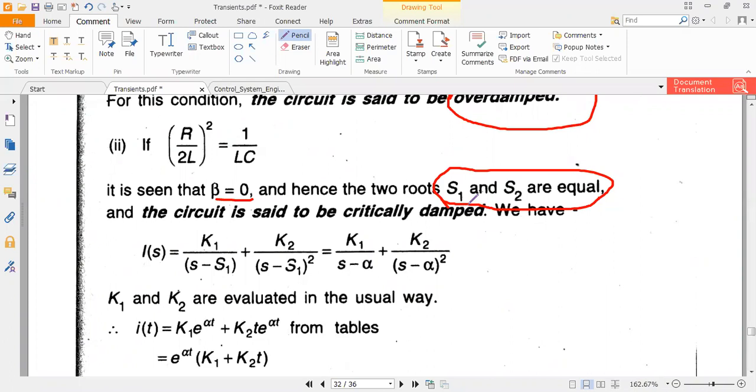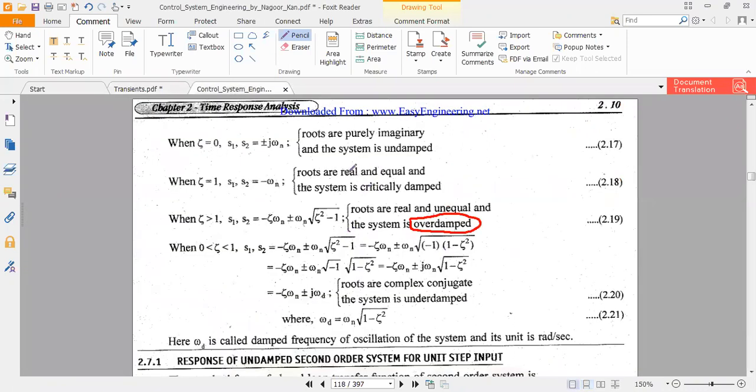If the roots are real and equal, then it is a critically damped system. Like that we can define the undamped, underdamped and critically damped systems.